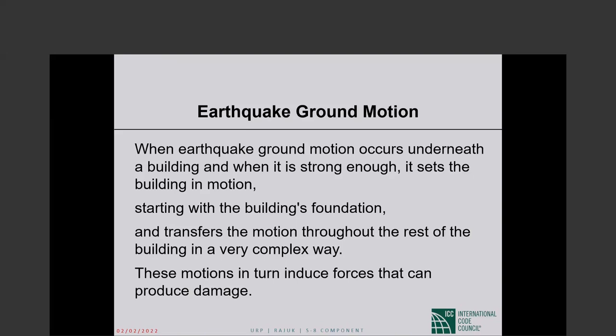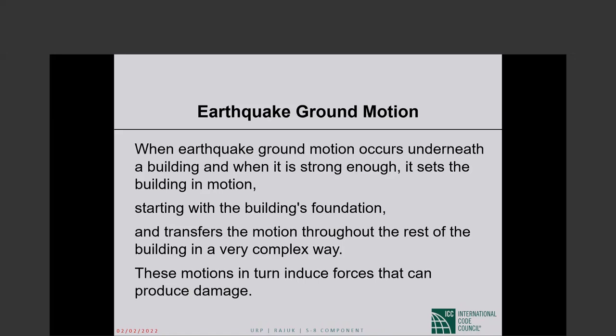So when a building moves, obviously there are deflections. You take the first derivative of deflection, that is velocity, and you take another derivative of the velocity, or the second derivative of the displacement, you get an acceleration.